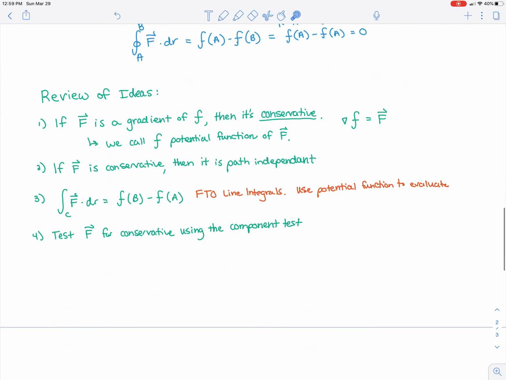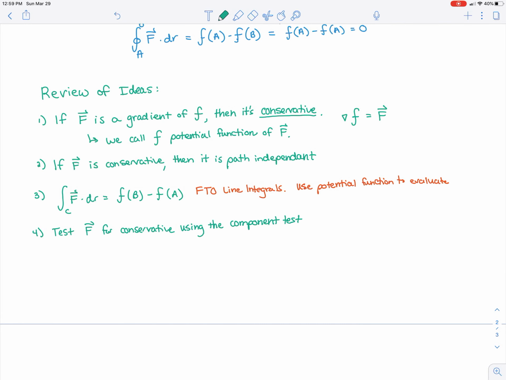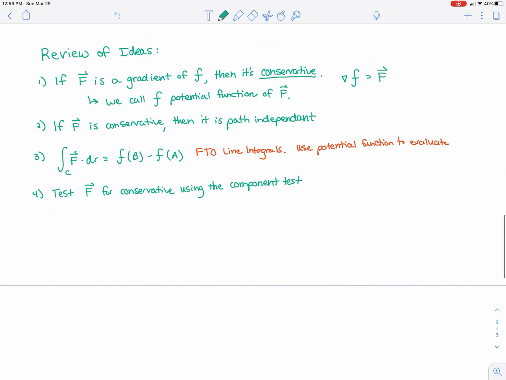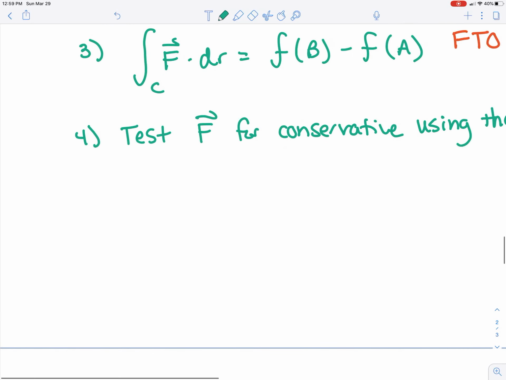And the last idea we talked about was the loop property. That was because it's path independent. On conservative vector fields, if the starting and end points are the same, it will always be 0. This is actually number 5.